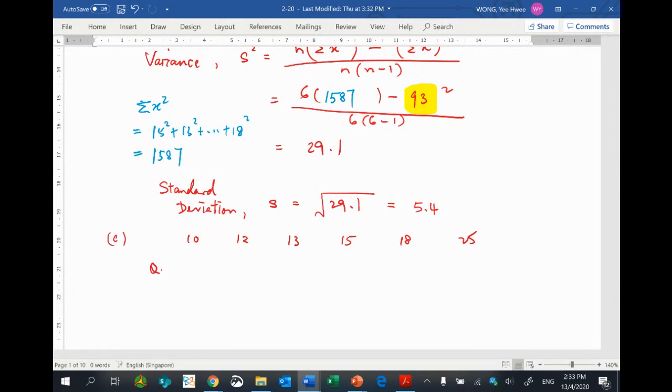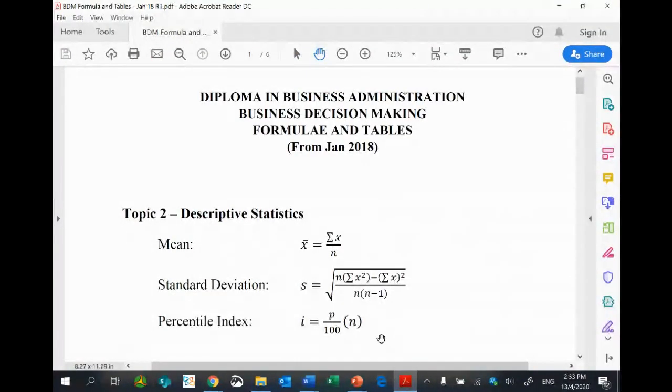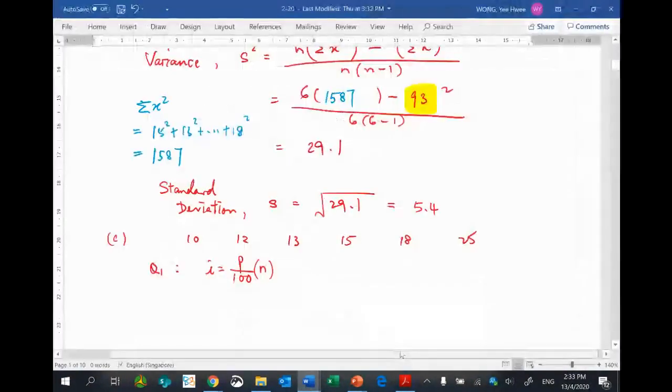How to calculate the first quartile Q1? You use the i formula. The i formula goes P over 100 times n, which is here. You can refer to your notes or you can refer to this. P is the percentile. For Q1, it is the 25th percentile, right? 25th percentile times 6 numbers, and you get 1.5 as your answer. 1.5 is not a round number.